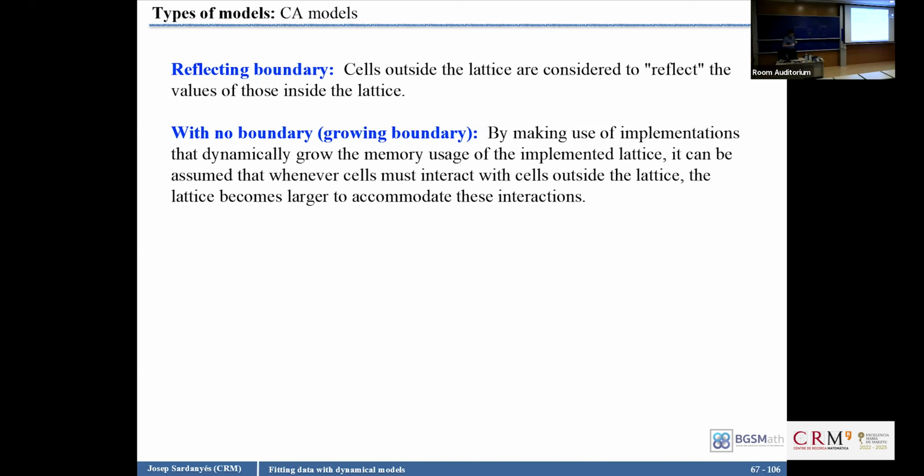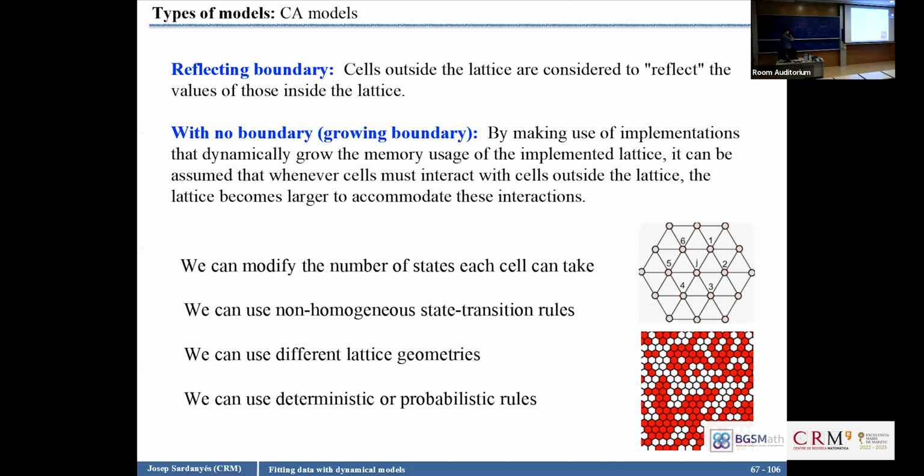Something I've never done, well, I did, but just to make some experiments, is that when you have your lattice, imagine a 2D lattice, you have a set of state transition rules, for example, set 1 and set 2, and here you have a given dynamics 1, and here you have dynamics 2. And dynamics are different. For example, here competition is strong, and here competition is small.